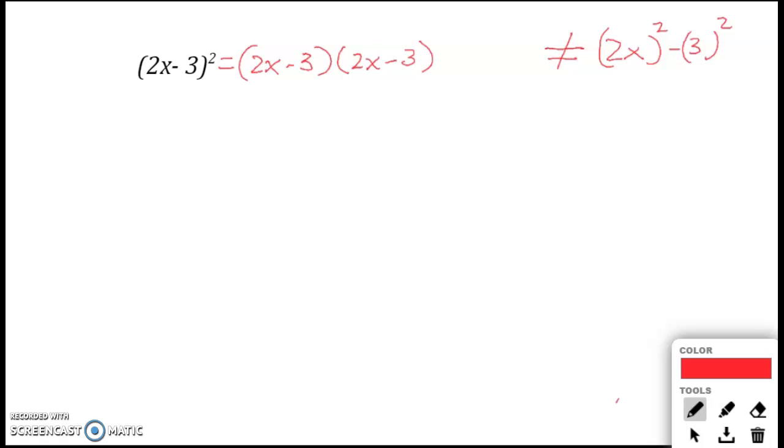This is not the same as 2x all squared minus 3 squared. Okay, so this is a common mistake. Make sure you do not do this.